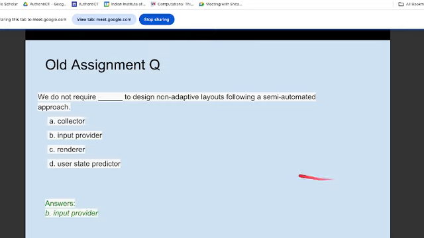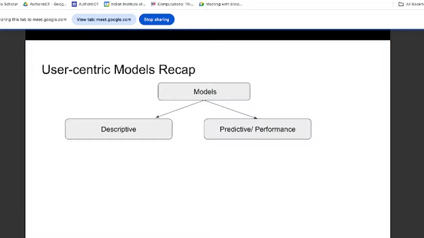Okay, so this question may be tweaked and asked in the exam, where we remove semi-automated and replace it by automated. The answer will still remain the same because the input of the user is not considered in the non-adaptive layouts. And then we will do a little bit of recap of the user-centric models.